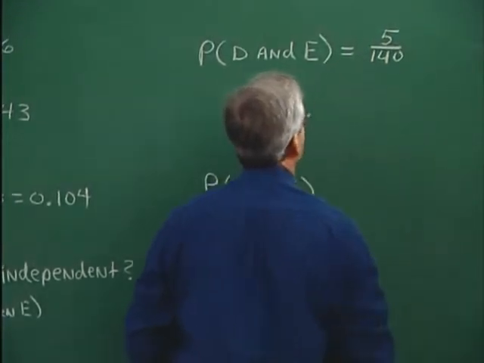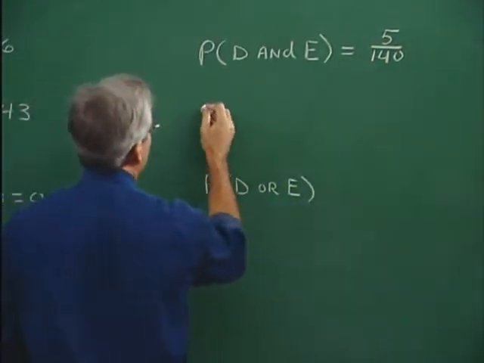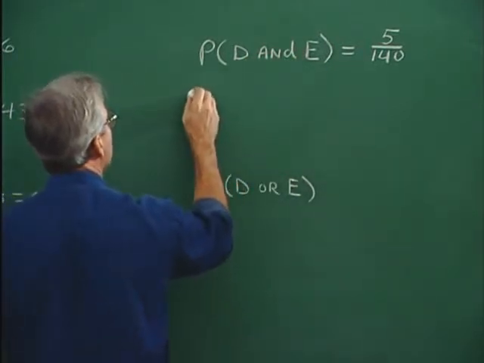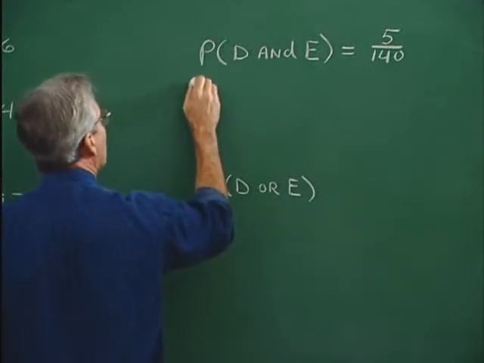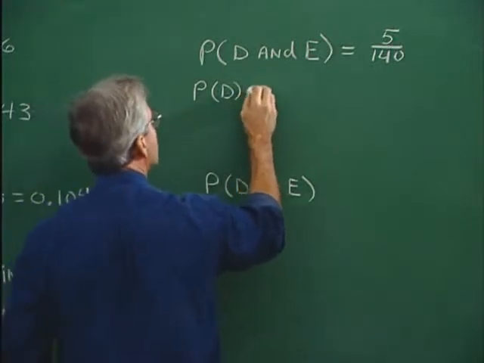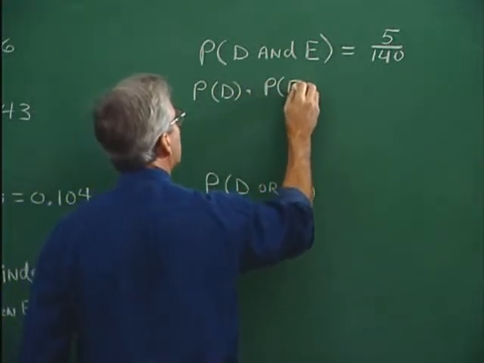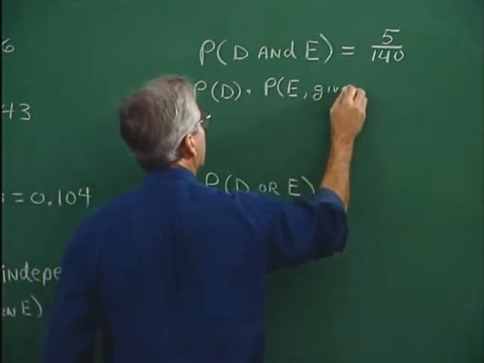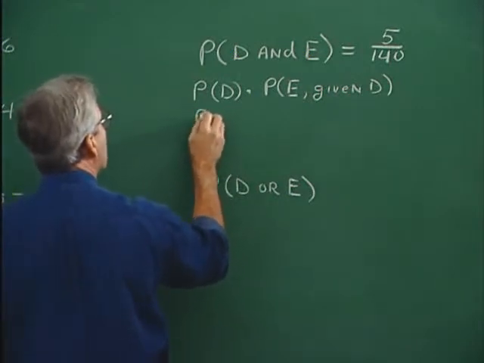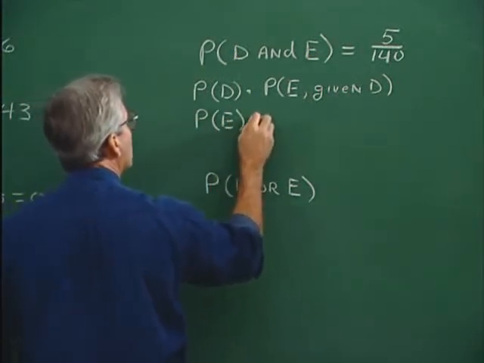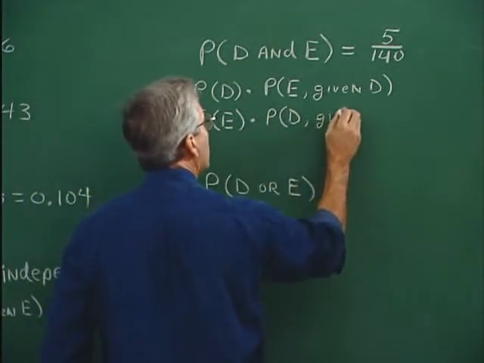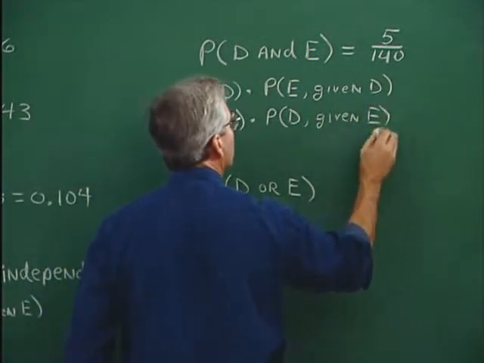Now, what about some kind of formula? Well, we said that because these are dependent events, there are actually 2 ways to do this. It's the probability of D times the probability of E given D, or it's the probability of E times the probability of D given E. Now, what does all of this mean?